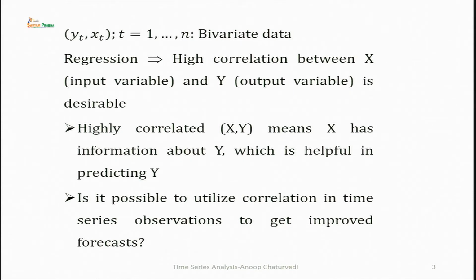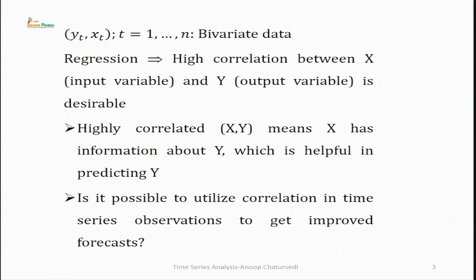Then you use regression technique for predicting the value of y on the basis of given values of x. So, this is the correlation between x and y which plays the major role, or the dependence between x and y.